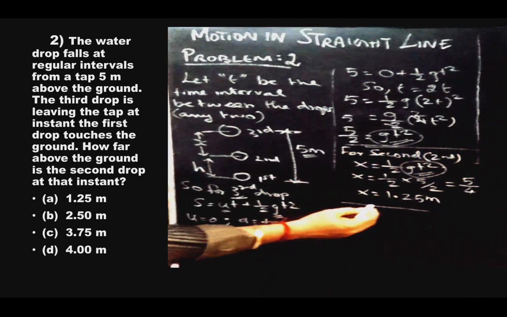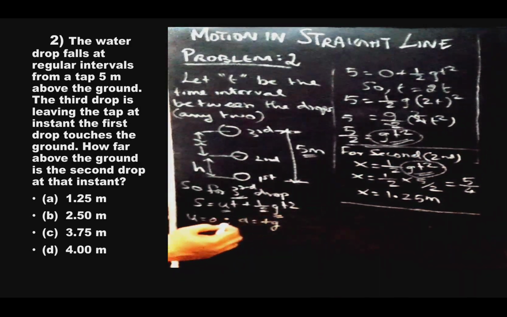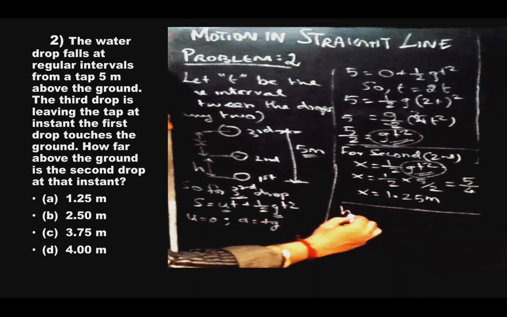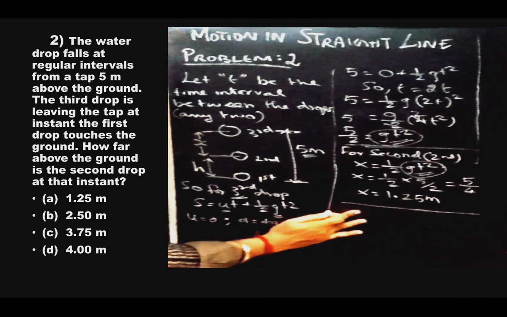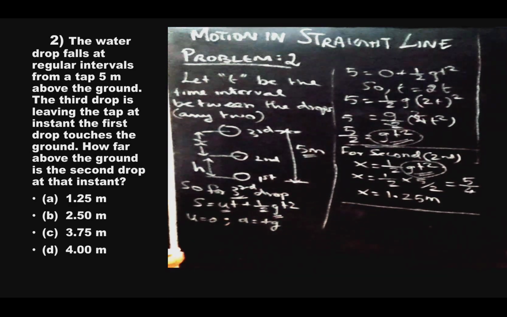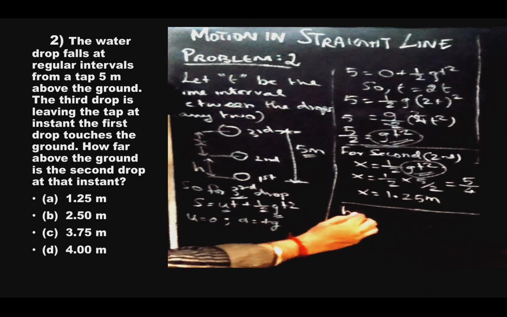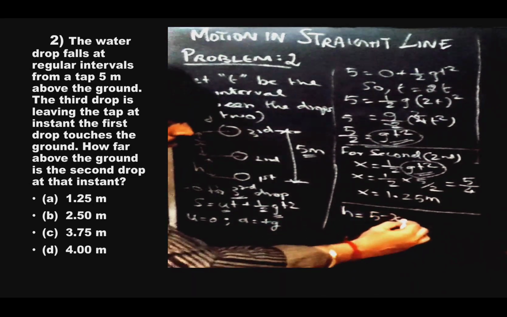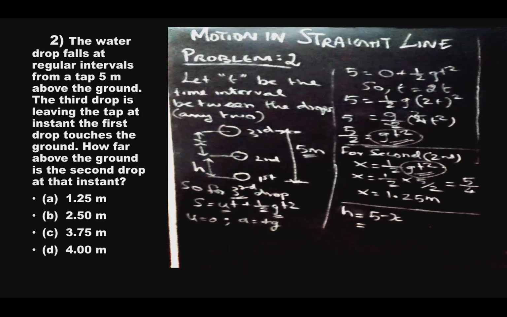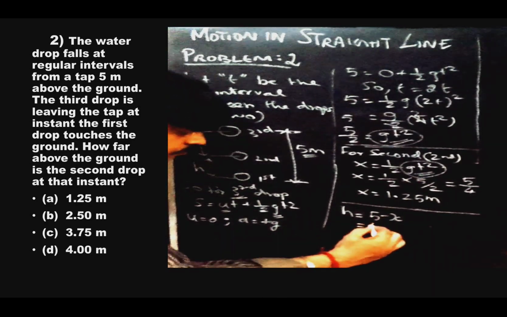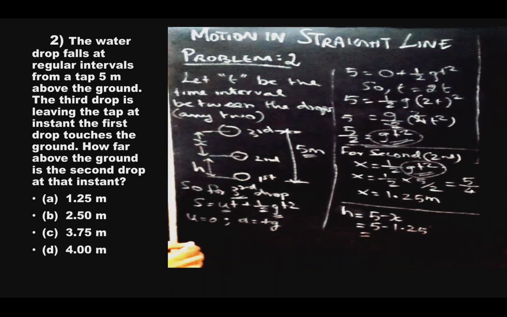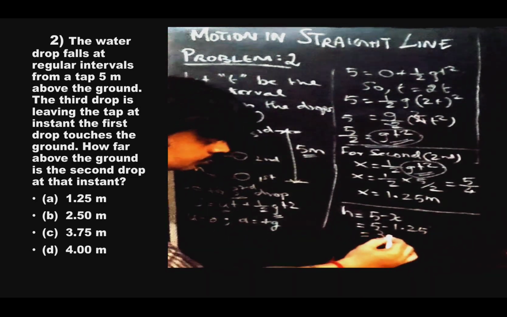But we have to find out h, how far it is from the ground. Therefore, h is equal to what expression? The total distance is 5 and we have calculated x as 1.25, so it is simple: 5 minus x. When I substitute the value of x as 1.25, the expression becomes 3.75 meters.